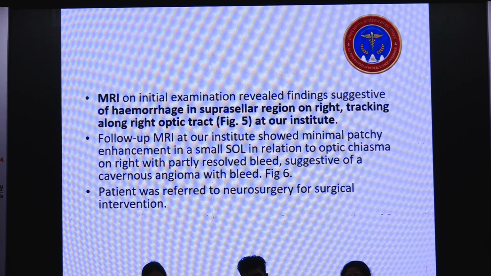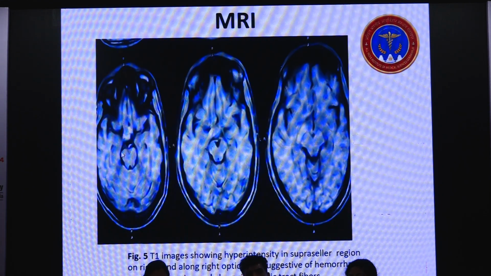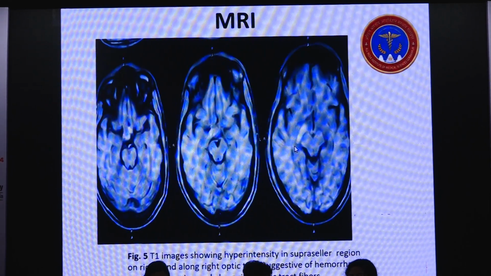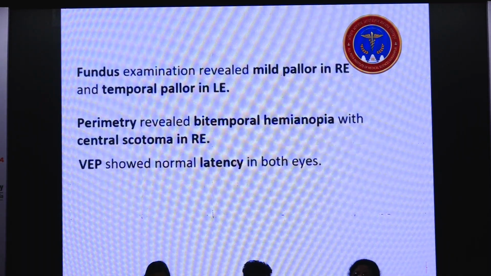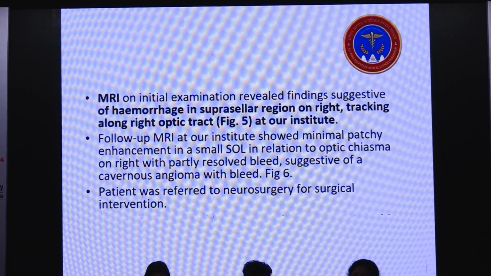MRI on initial examination at an outside institute revealed findings suggestive of hemorrhage in the suprasellar region on the right, tracking along the right optic tract. As can be seen in this picture, there is hyperintensity in the suprasellar region on the right and along the right optic tract, suggestive of hemorrhage.